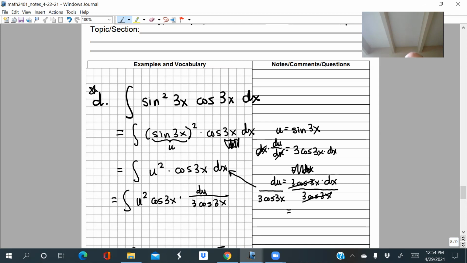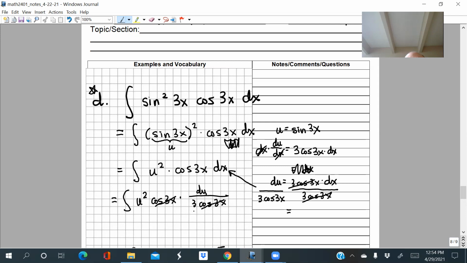What cancels? Yes, the cosine of 3x cancels, right? Not the 3 yet. And so that's very fortunate. We get a really good break that the cosine goes away. So notice what's left is nothing but a bunch of u's plus this 3 in the denominator, right?